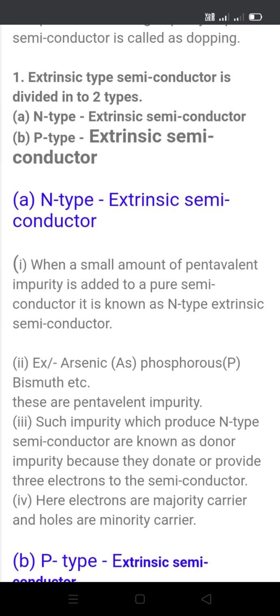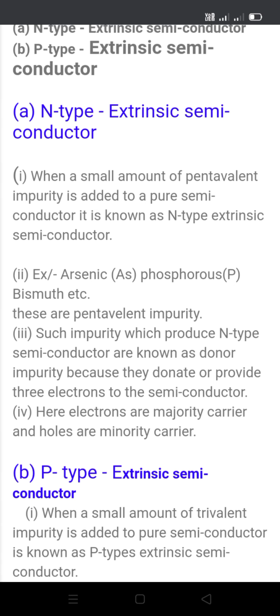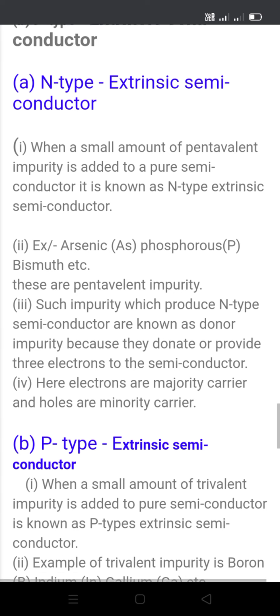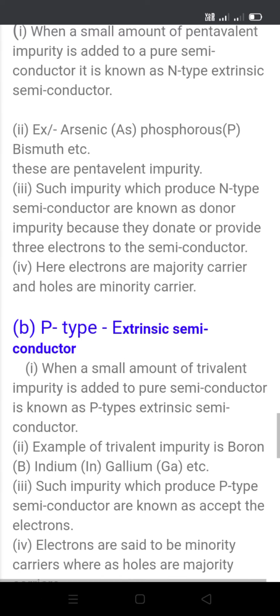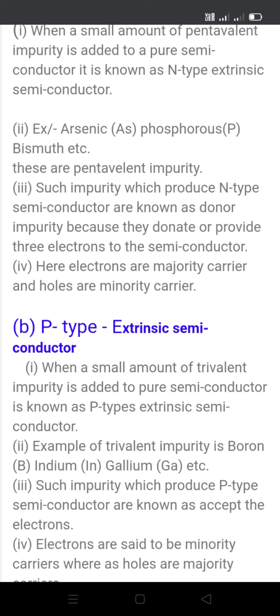N-type extrinsic semiconductor. When a small amount of pentavalent impurity is added to pure semiconductor, it is known as N-type extrinsic semiconductor. Example: arsenic, phosphorus, bismuth. These are pentavalent impurities.